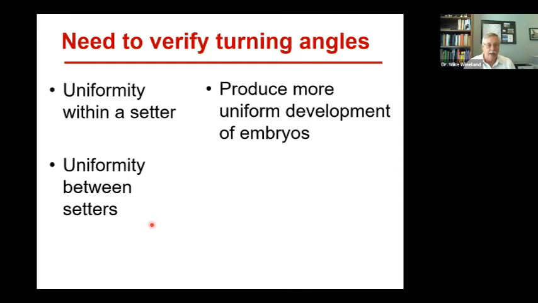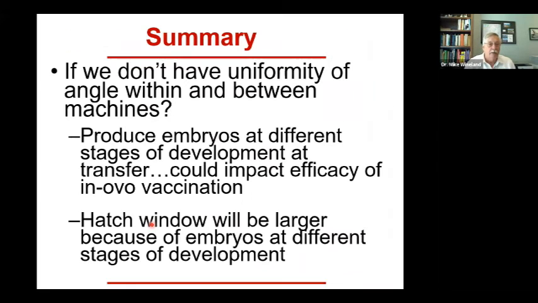And if we can have uniformity, we're going to be able to produce embryos that are much more uniform in development, which is what we really need. Because if we don't have uniformity, I believe firmly that we're going to be producing embryos that are at different stages.